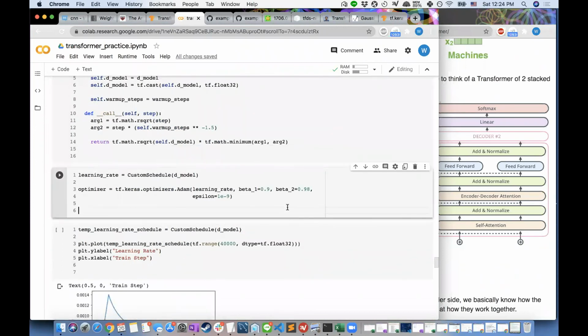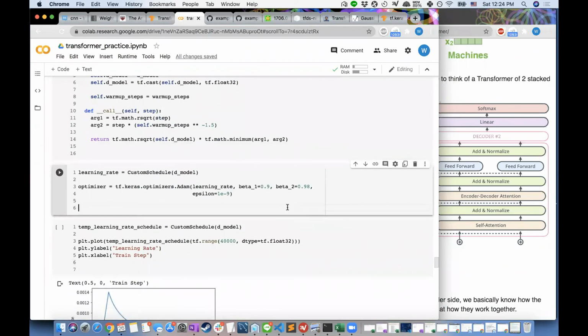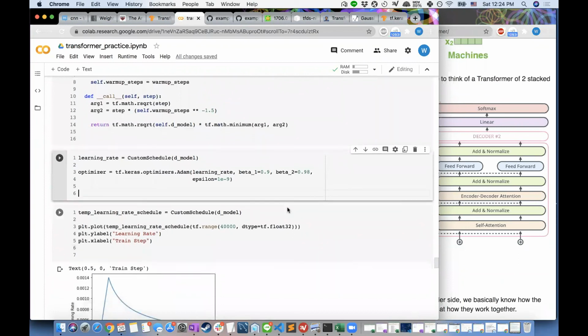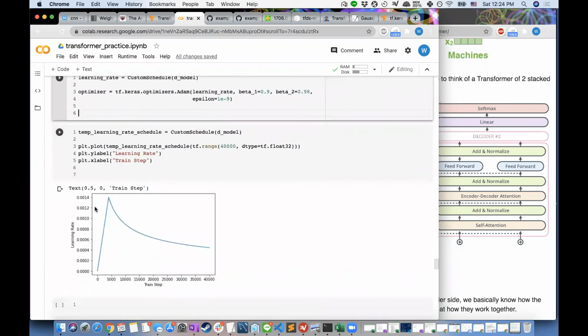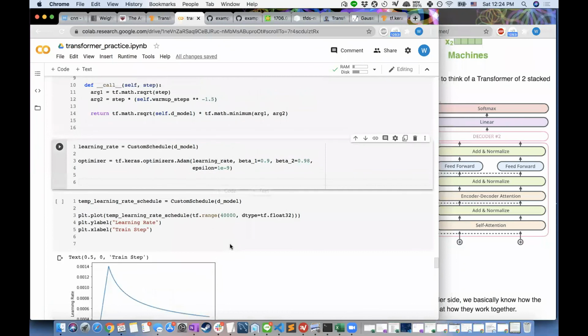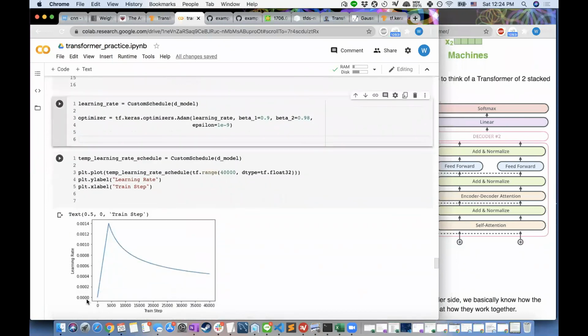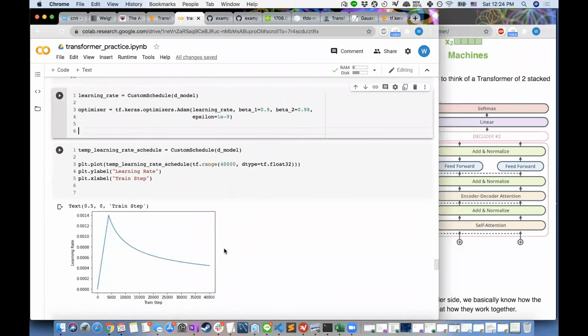Did I answer your question, John? Yeah, thanks. I'll look into it in the FastAI docs. Yep. And you can see here, 4,000 steps is right here. So you warm up for 4,000 steps, increasing your learning rate for 4,000 steps, and you gradually decrease it after that. And it's also called learning rate annealing, okay?